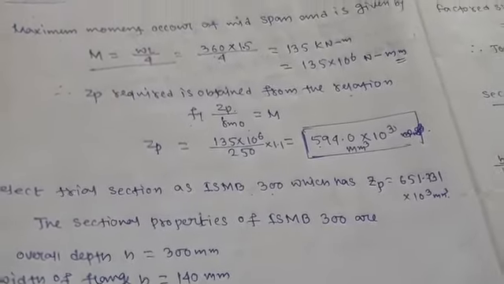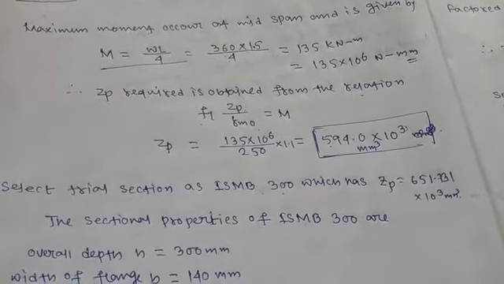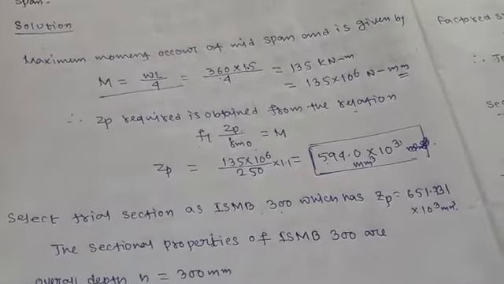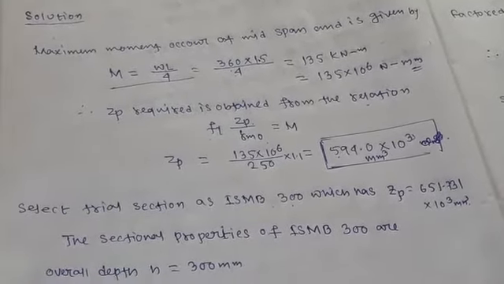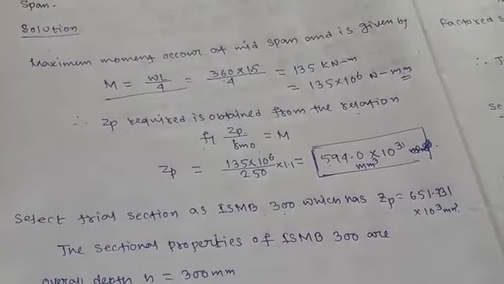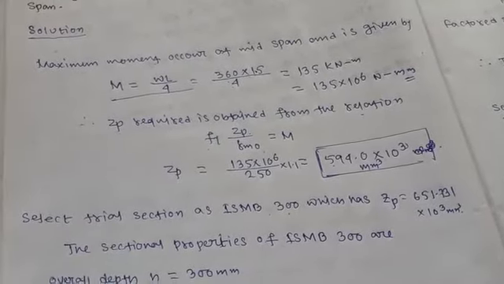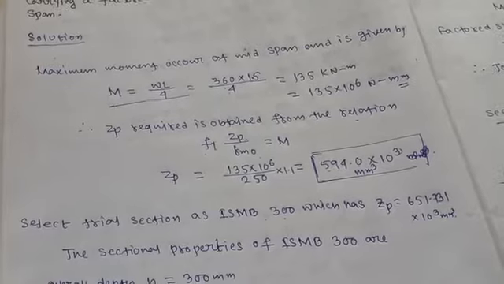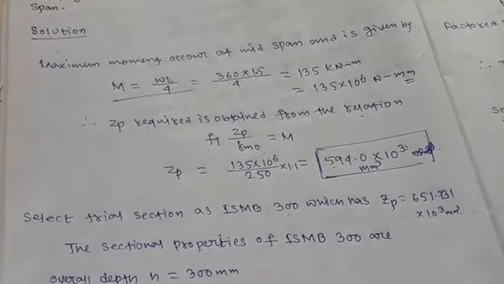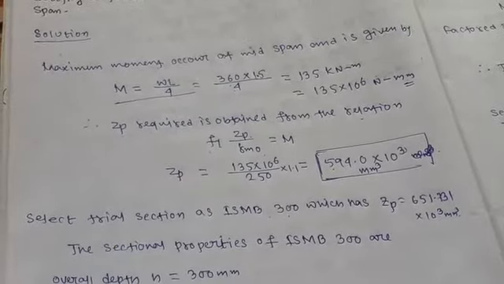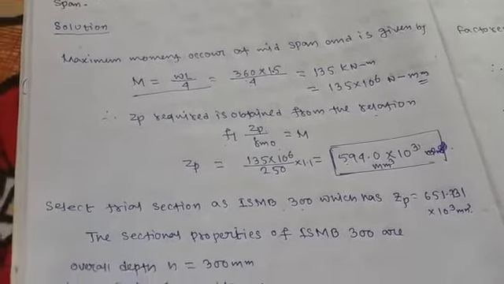So this trial section ISMB 300 has a plastic section modulus Zp of 651.731 into 10 to the 3 mm cube.